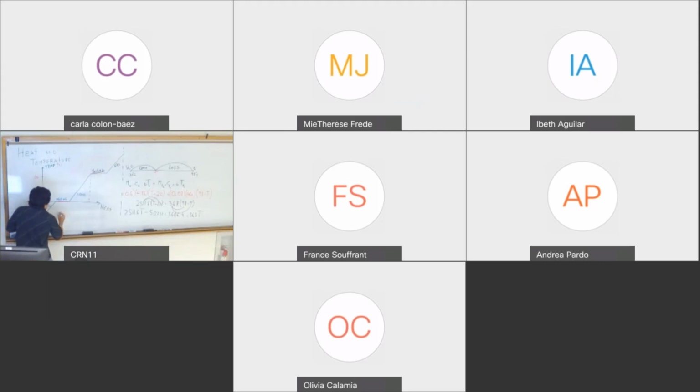The heat is mc delta T. But there is a new form of heat for melting and for boiling. That's called latent heat. Latent in English means hidden. Why is it called hidden, latent heat? Because there is no change of temperature. So how come there is heat?